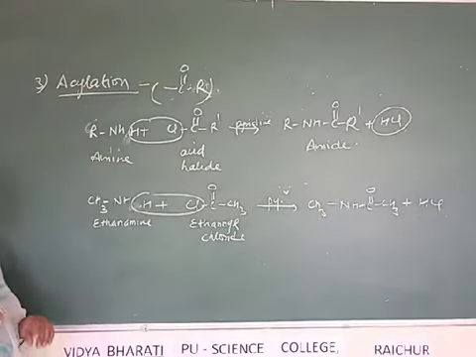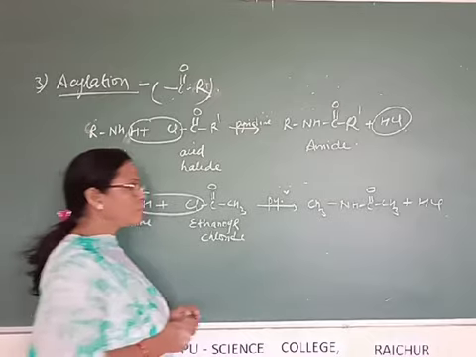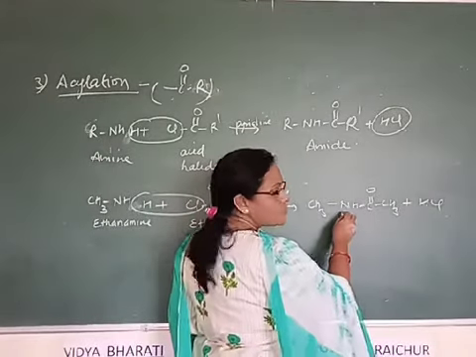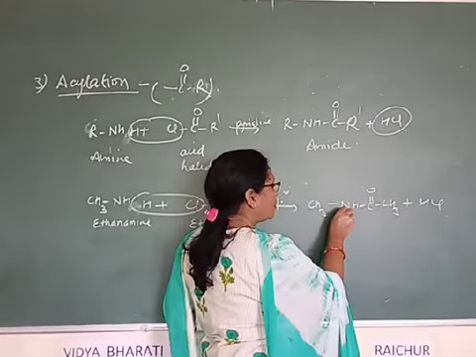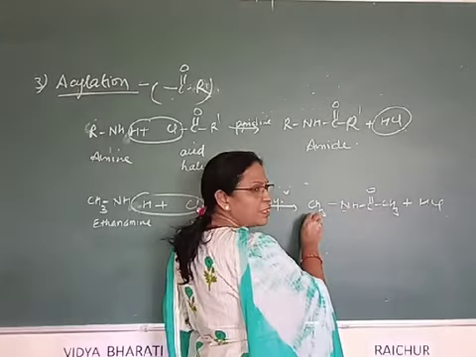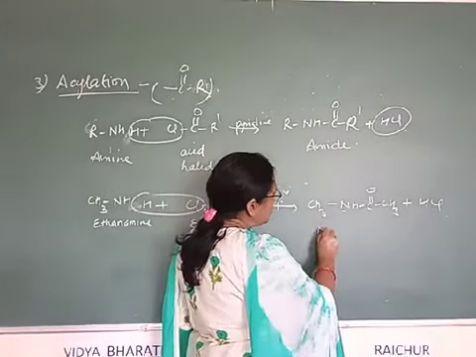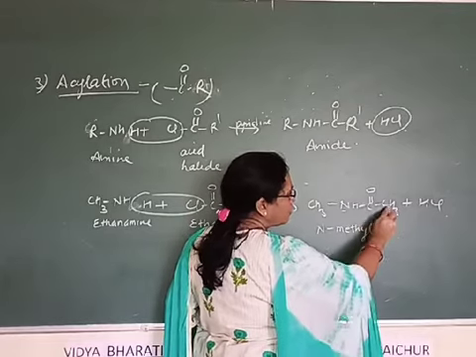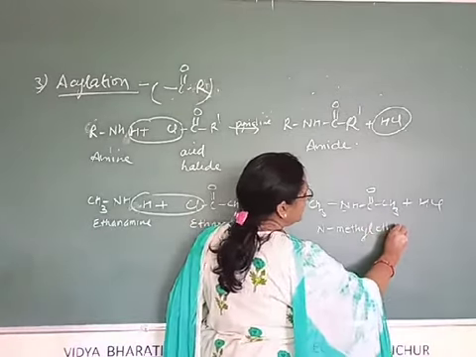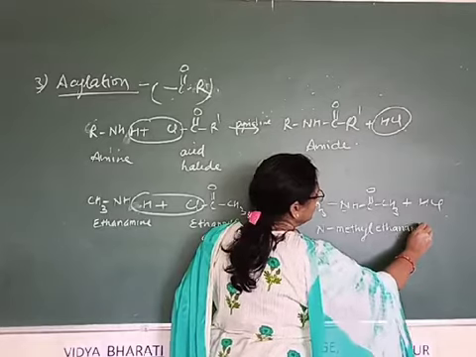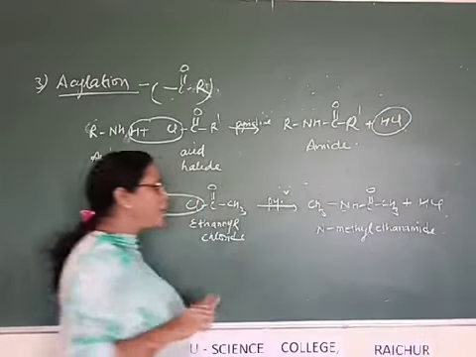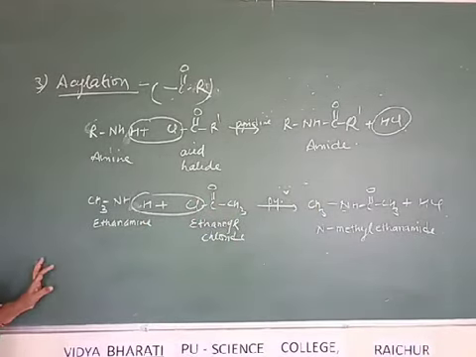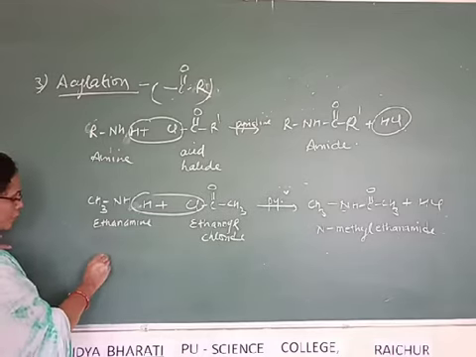So amide is formed here. Okay, now in this amide, nitrogen is substituted with a methyl group, therefore it is known as N-methyl, and 2 carbons are there, so ethanamide. N-methylethanamide. Understood?